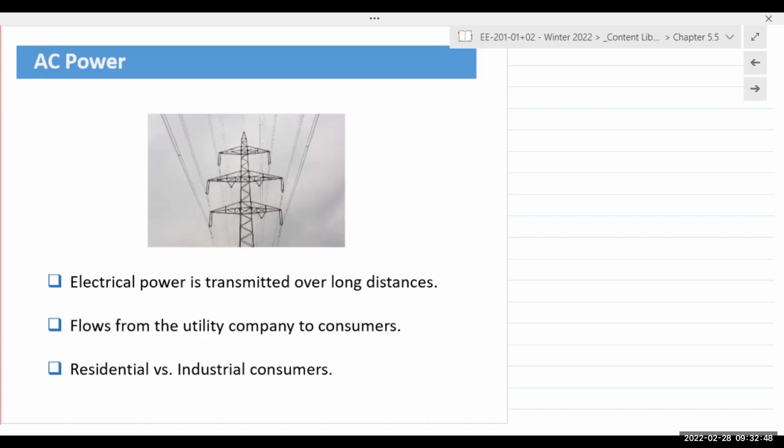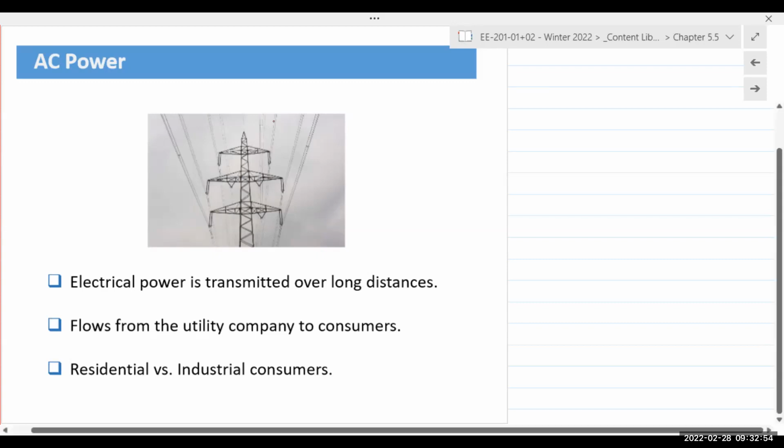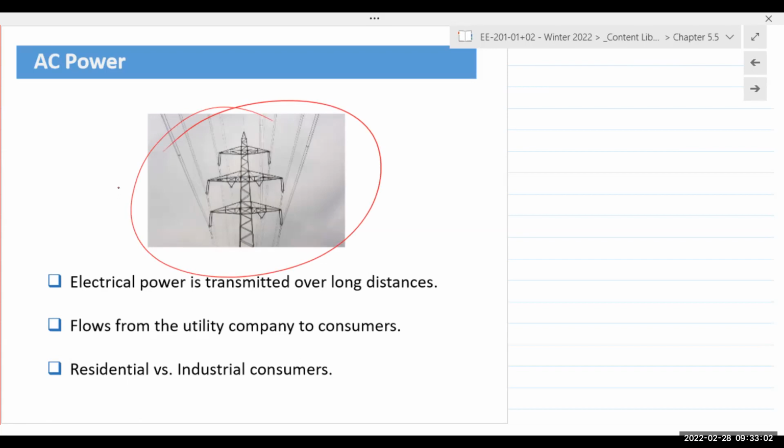To give you a brief overview, electrical power is transmitted over long distances. You're all familiar with these kinds of structures, right? Power transmission lines. If you drive through town, you're able to see this. There are transmission lines that cross the regular streets, like on Broad Avenue or Broad Street, right in front of the DMV office. There's a very weird traffic signal right in front of it, in the middle of the street.